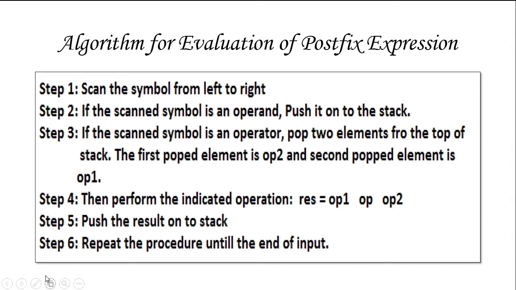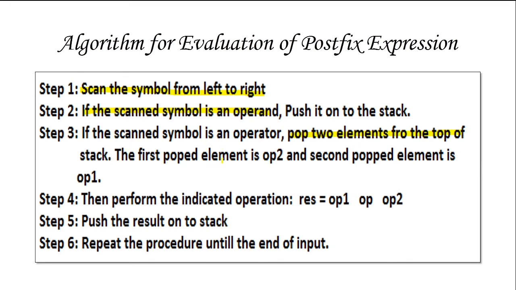You start by scanning the symbols from left to right, as we did in the conversion. If the symbol scanned is an operand, then push it onto the stack. If the scanned symbol is an operator, then pop two elements from the top of the stack.